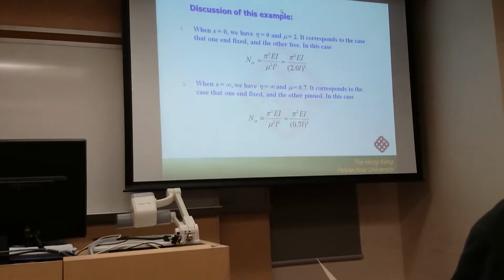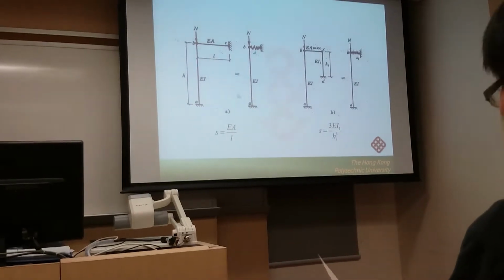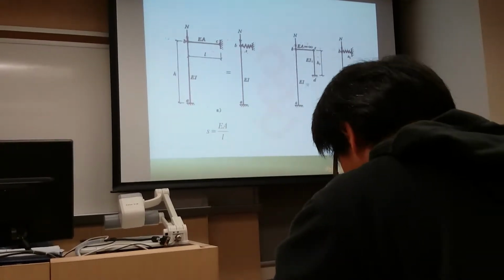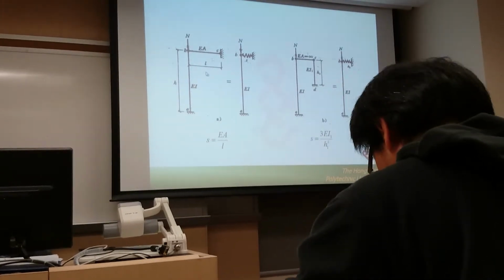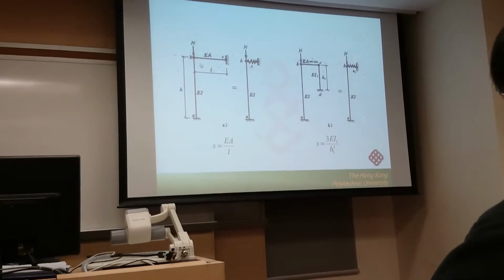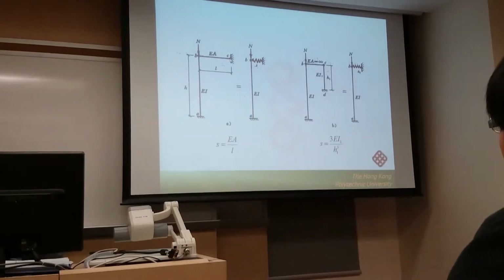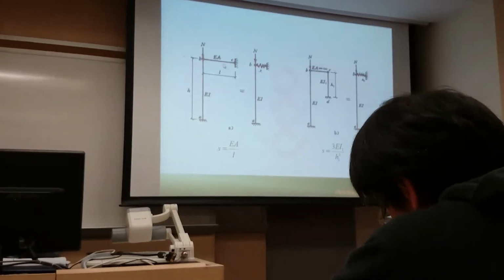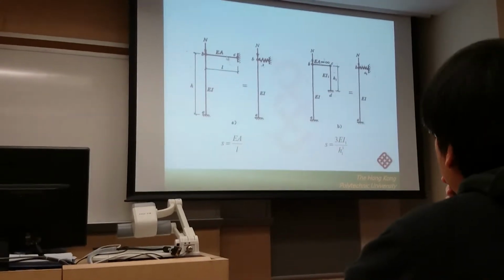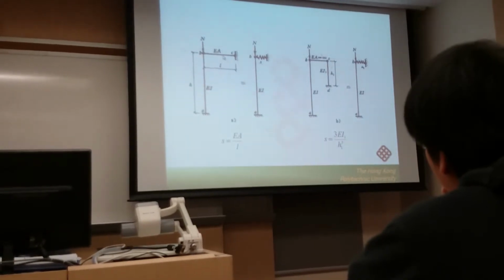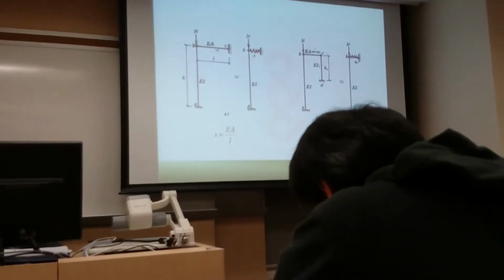Okay, so this is a solution, and the solution obtained from this example can also be applied to obtain the critical load for these two structures. In the first structure we have an elastic bar here, but this bar is not subject to compression axial force, so this bar has no stability problem.